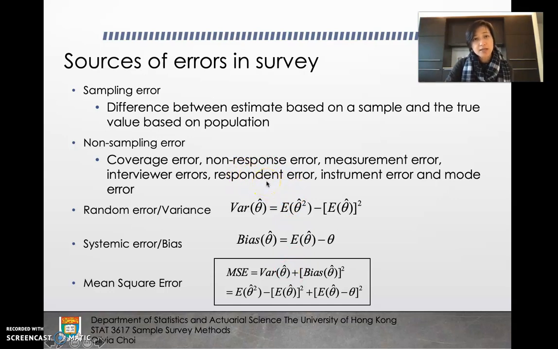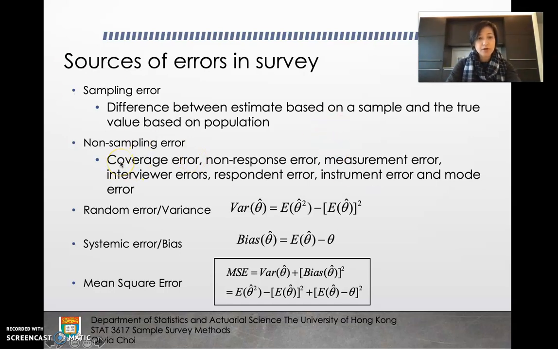There will be one example in the tutorial class on how we deal with some of the sensitive questions for the respondents. Instrument error and mode error are more about whether we use the telephone, face-to-face, or the different kinds of survey that we choose to use.